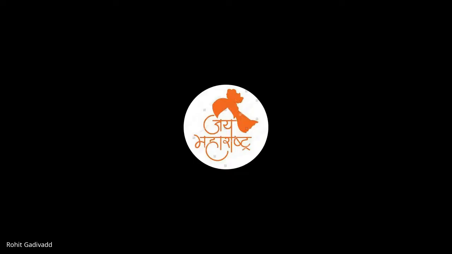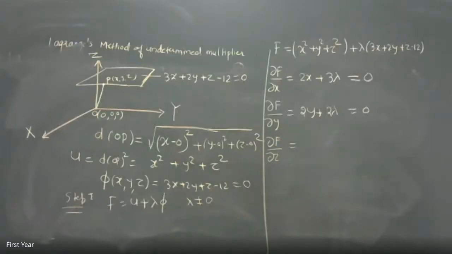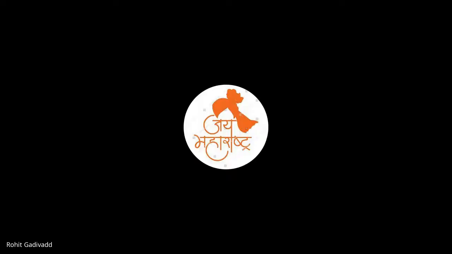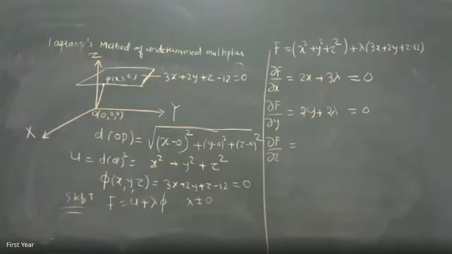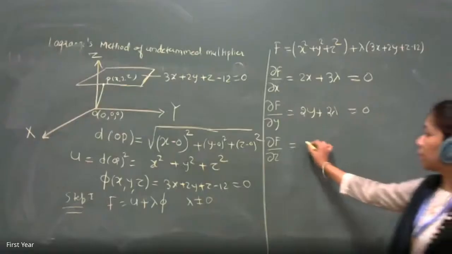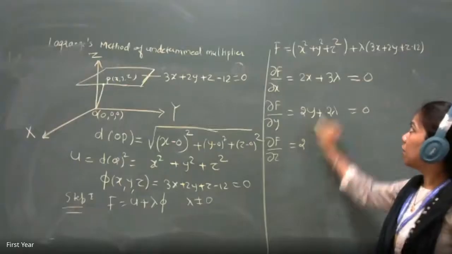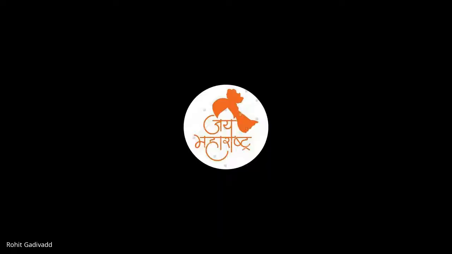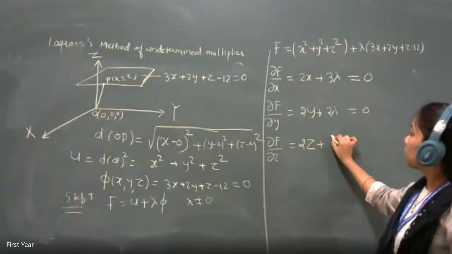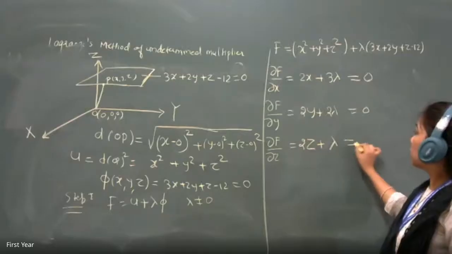What is delta F by delta z? Differentiate it with respect to z: 2z plus lambda. That's correct.